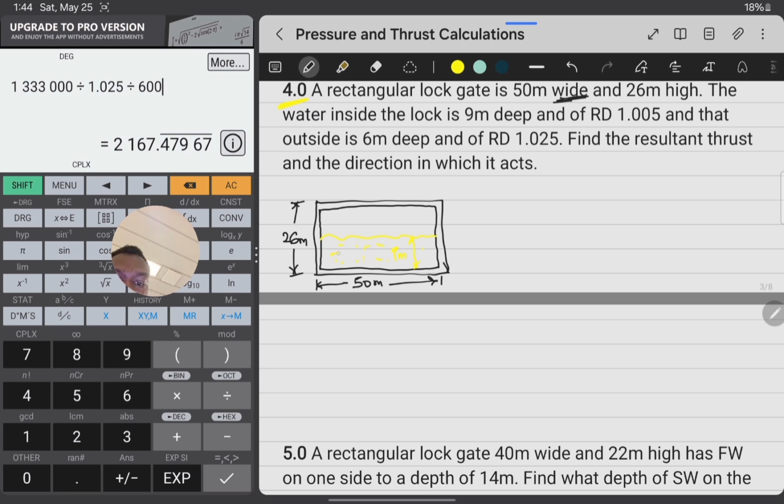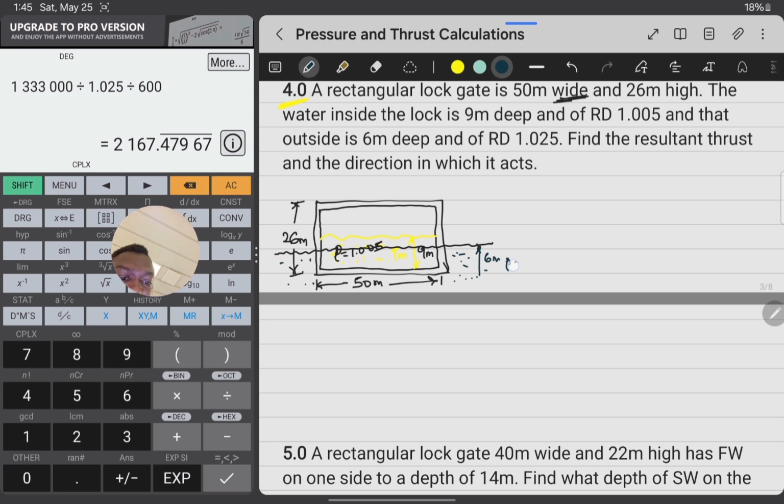And the density of that water is 1.005, the relative density, I mean. Now the water outside is 6 meters deep from the water surface.